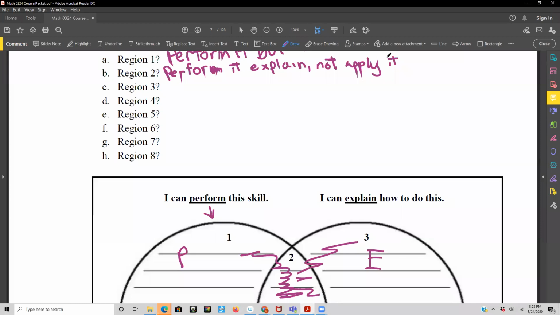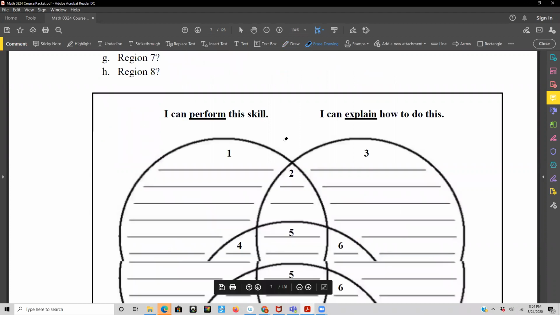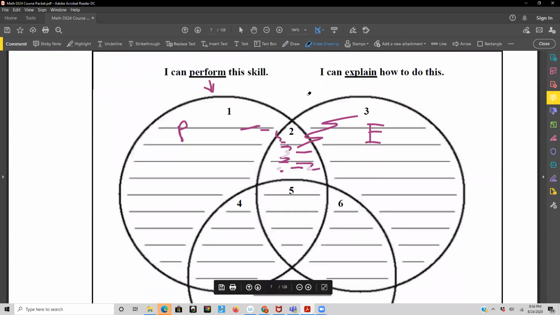All right, so region 3, let's take a look at region 3. Region 3 is the situation where it excludes the other two circles. So it means I can explain it, but I can't perform it and I can't apply it.